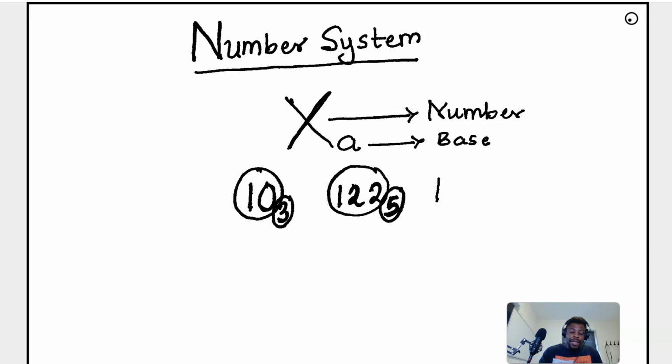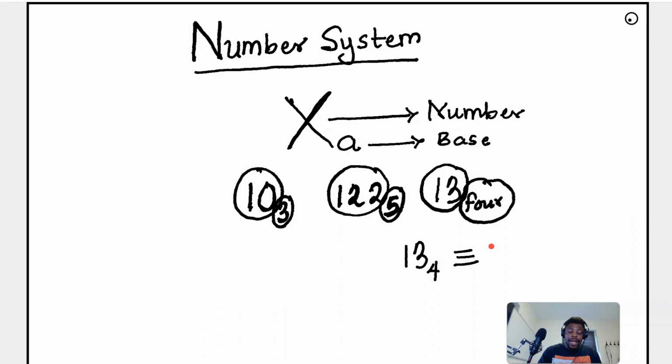I can still have something like this here. You can see now that the number here is 13 while the base is 4. But the base is not a numerical value. It's written in terms of word, four. It is still the same thing. So 13 in base 4, numerically, is the same thing as 13 base four written in words. So do not be bothered about that.